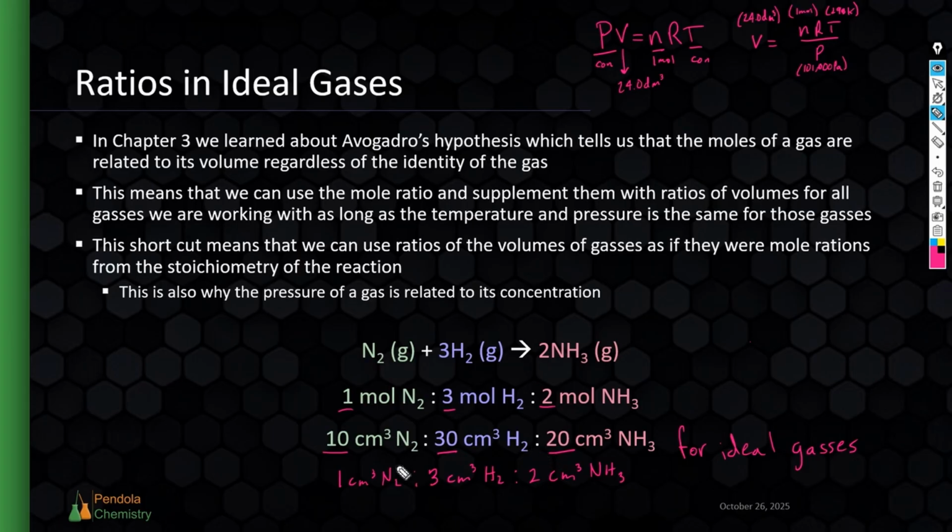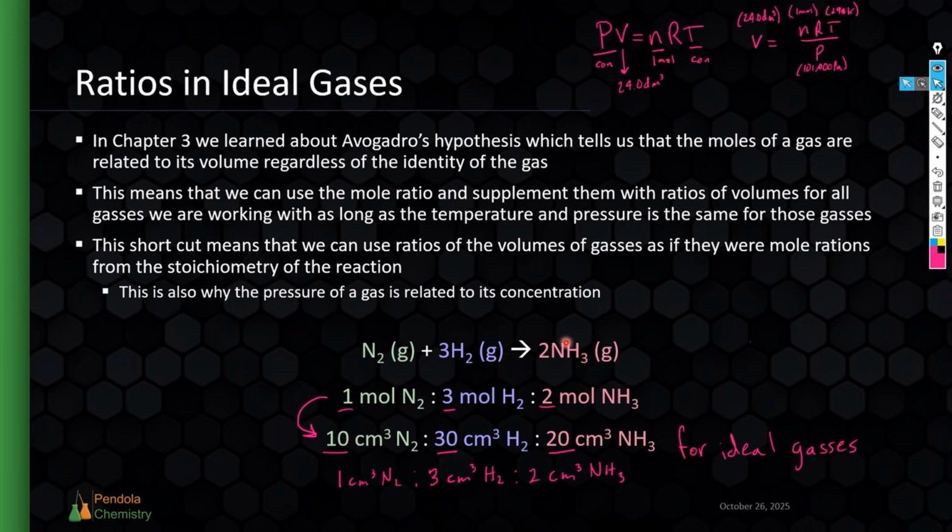So we can use mole ratios directly with volumes with ideal gases. Again, this is not for every equation. We wouldn't be able to do this with aqueous solutions or solids. We can only do this with ideal gases. And this comes in very handy in certain problems in the AICE exam.